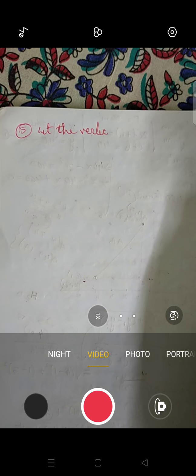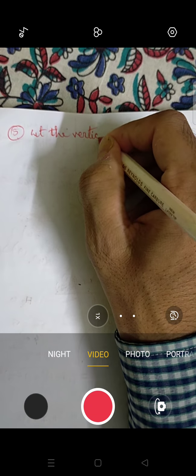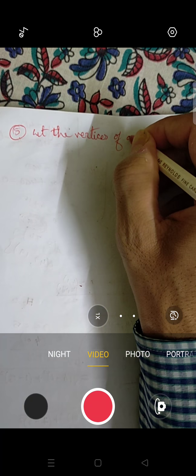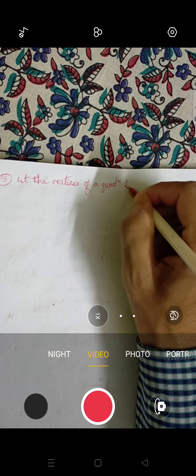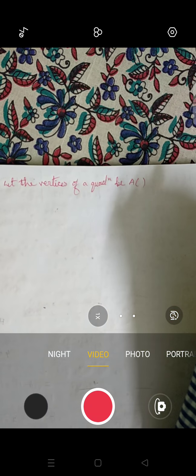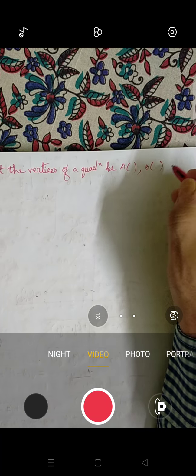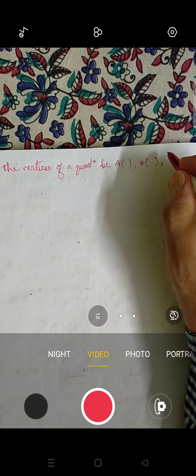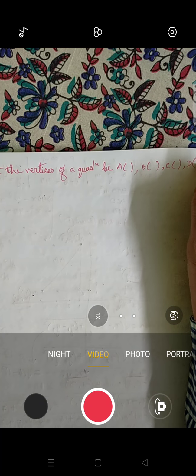If you join these 4 points, we will get a quadrilateral, right?